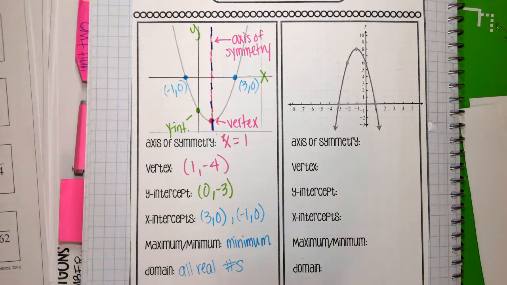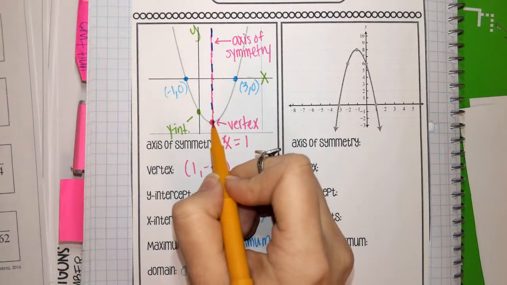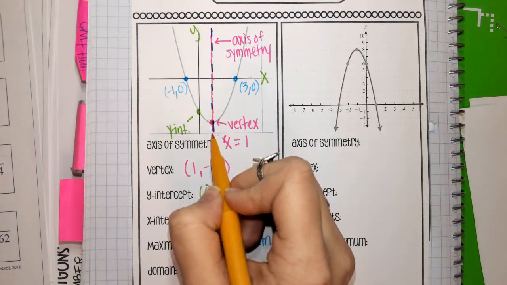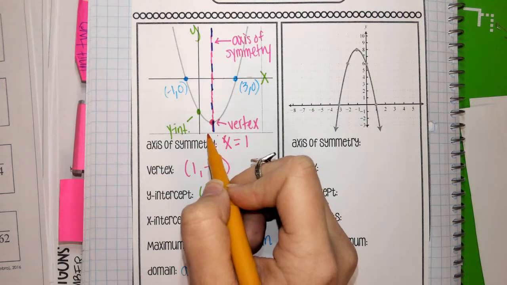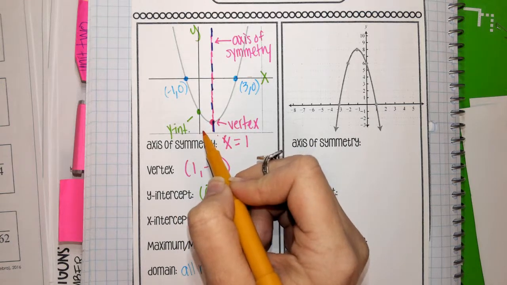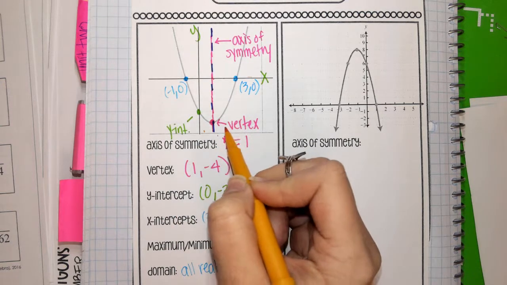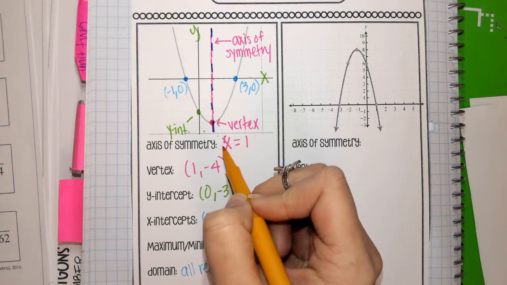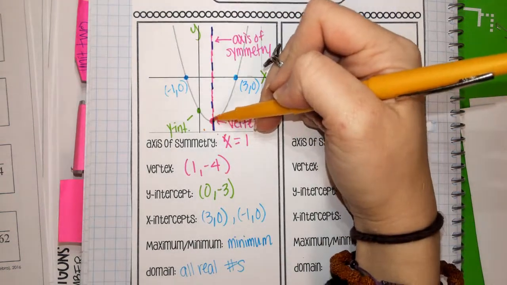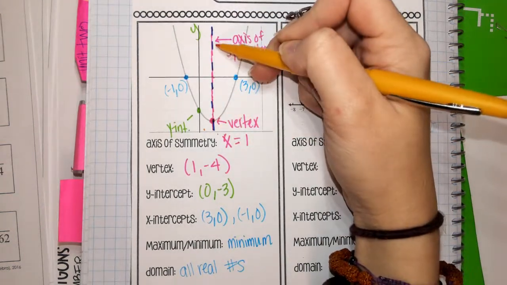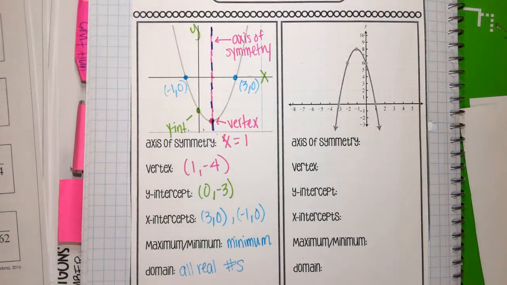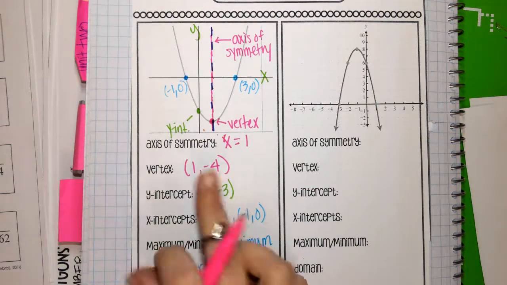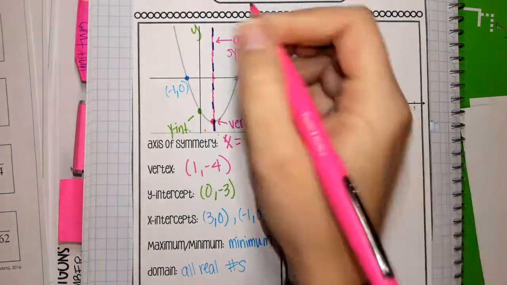Now, for our y's, do we have any point on our parabola below our vertex? Do we have a point down here on our graph? No. What about down here? No. But we have everything above this point, right? What was this point? Vertex. What did we say our vertex was?